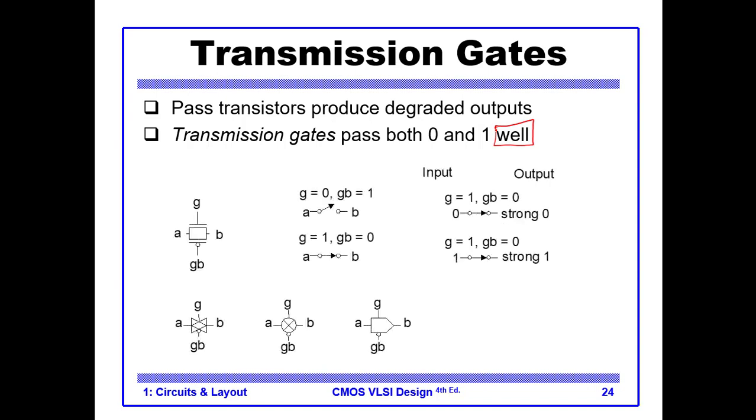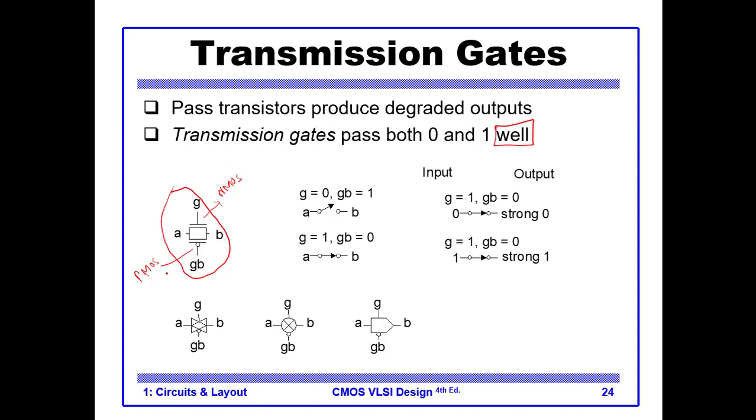Okay, so here is a transmission gate. It has two pass transistors: this one, which is NMOS, and this one, which is a PMOS, and they are connected in parallel fashion.